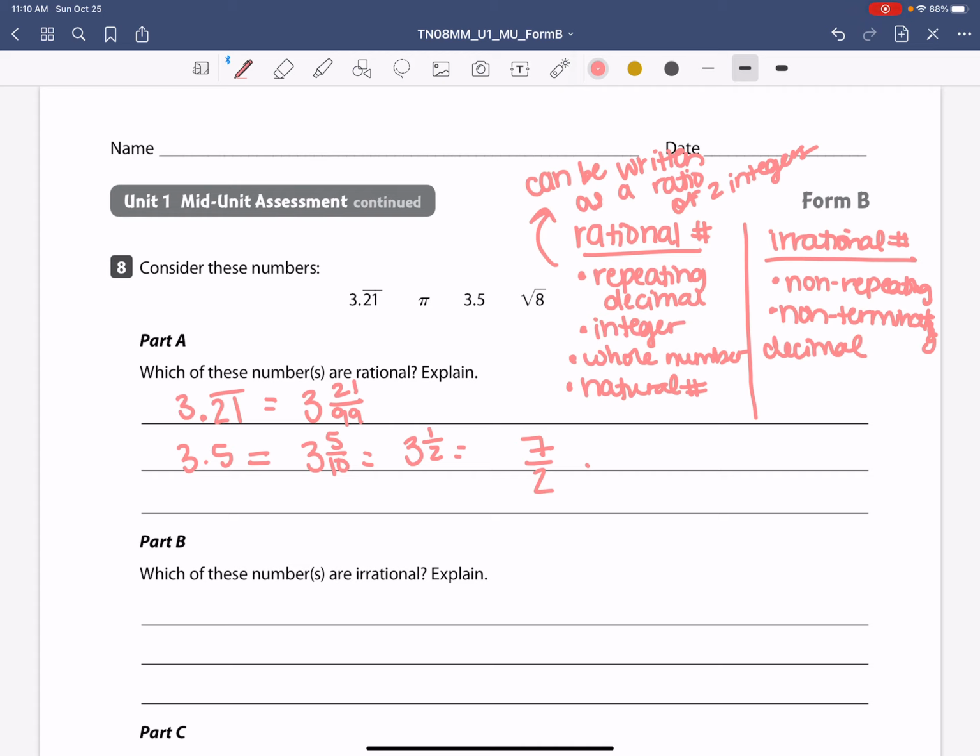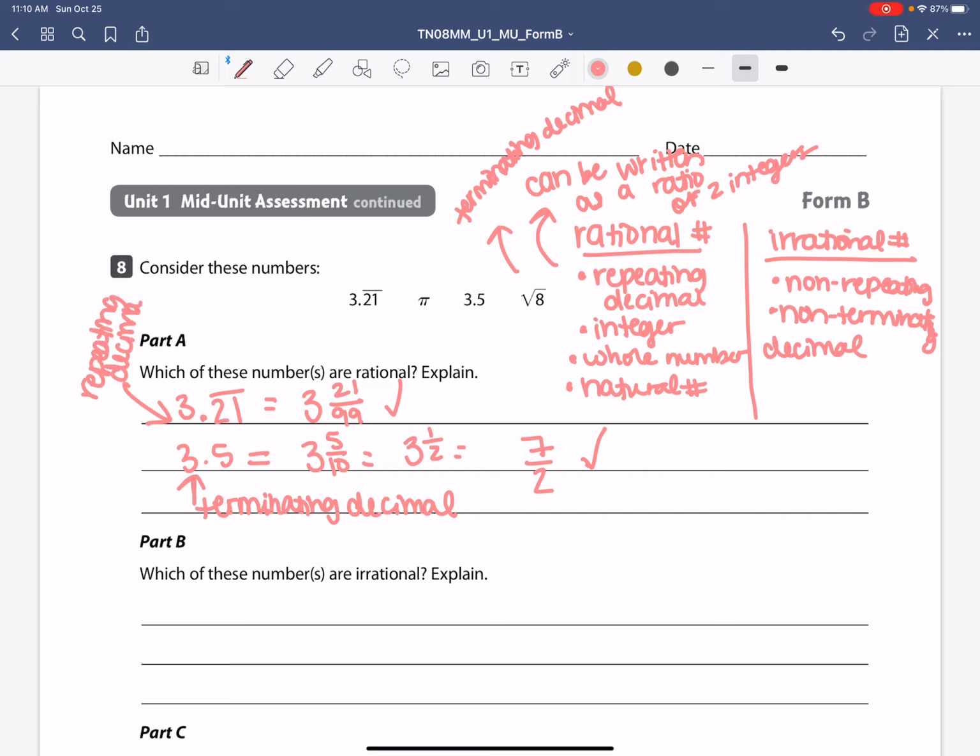If it can be turned into a ratio of two integers, which a mixed number can, then I know it's rational. 3.5 is a terminating decimal, while 3.21 repeating is a repeating decimal, and we know the trick to turning those into fractions. Then we move on to part B.